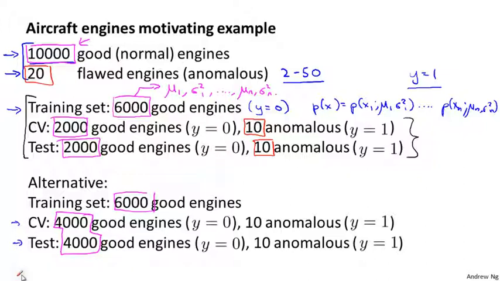But in anomaly detection, sometimes you see people use the same set of good engines in the cross-validation set and the test set, and sometimes exactly the same sets of anomalous engines in both. All of these are considered less good practices and definitely less recommended. Certainly, using the same data in the cross-validation set and the test set is not considered good machine learning practice, but sometimes you see people do this too.